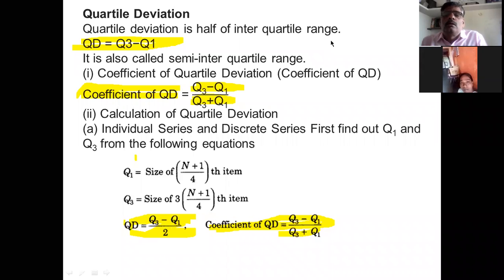Median, mode, and graphs. The first chapter is introduction, the second is diagrams and graphs, the third unit is partition values. Partition values are in your syllabus. You go through the videos, and you will get all the answers for the questions.